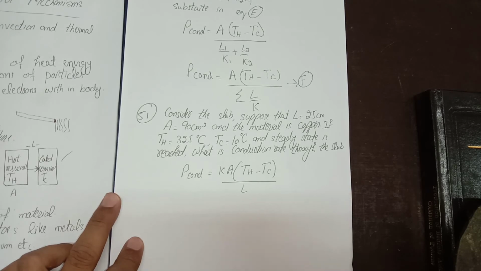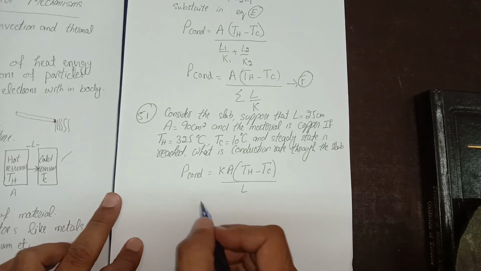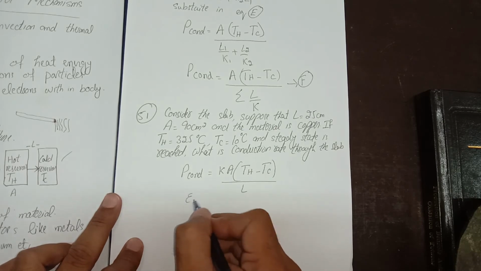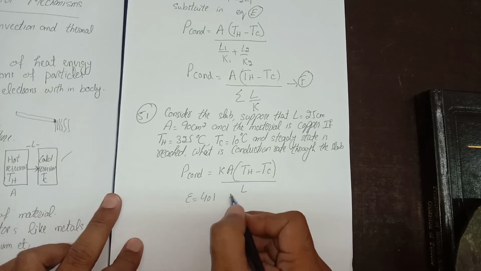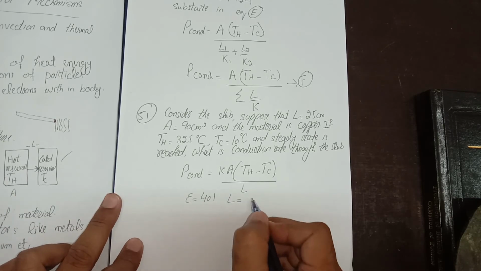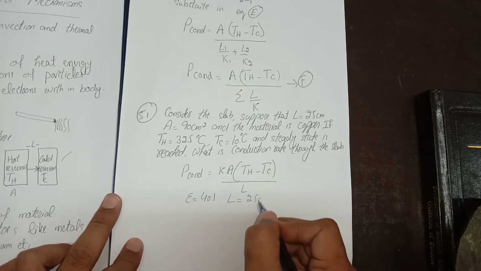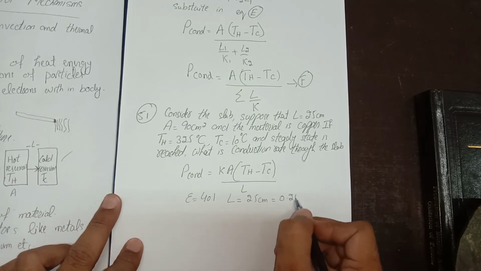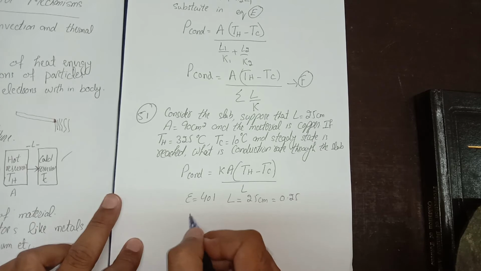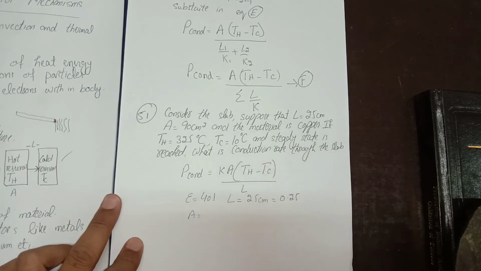The conductivity of copper is 401, and the thickness is 25 centimeter, which in meters would be 0.25. The area is 90 centimeter square.